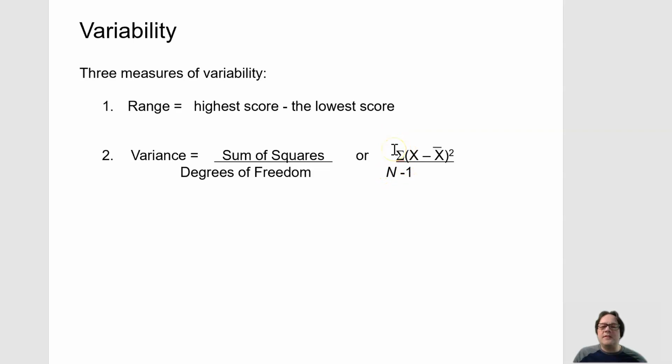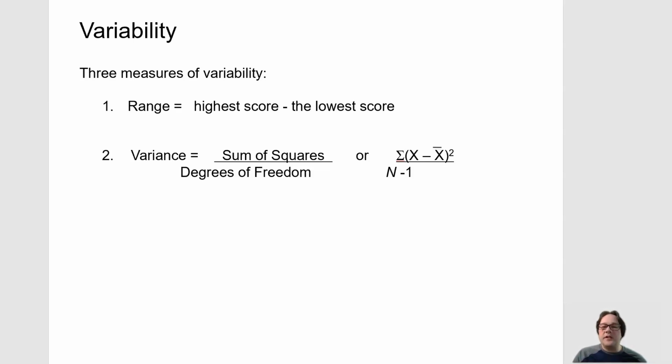This is the mathematical formula for the sum of squares, but we'll take a look at what that means in a moment. Degrees of freedom is pretty easy to understand. It's just n minus 1, the total number of scores you have, minus 1. So if we had 10 scores in the distribution, our degrees of freedom would be 9.